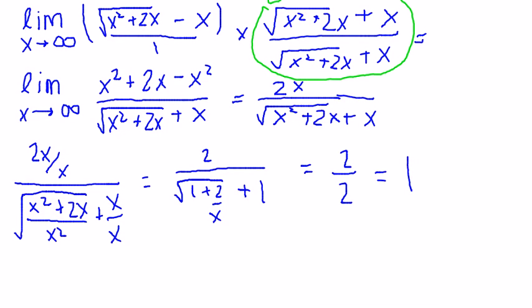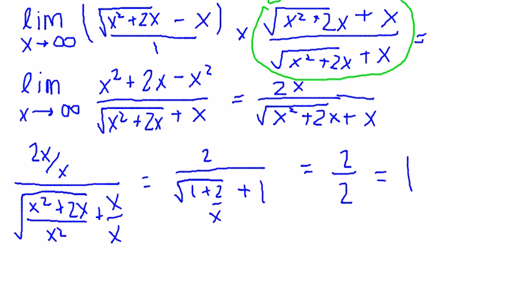You multiply by the conjugate, and then you get the limit as x goes to infinity of x squared plus 2x minus x squared, all over the square root of x squared plus 2x plus x. After you simplify this, you're going to end up with 2x over the square root of x squared plus 2x plus x.